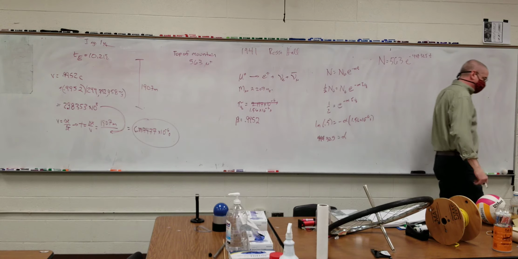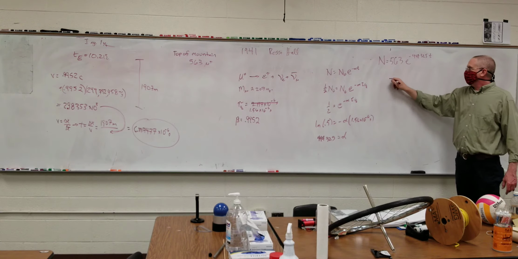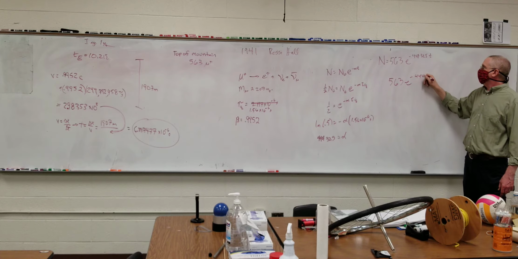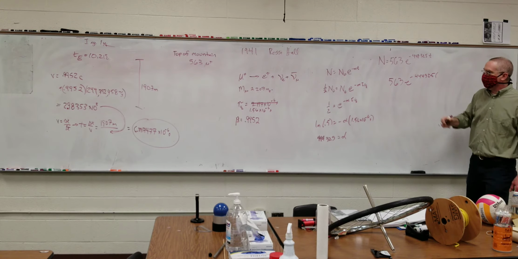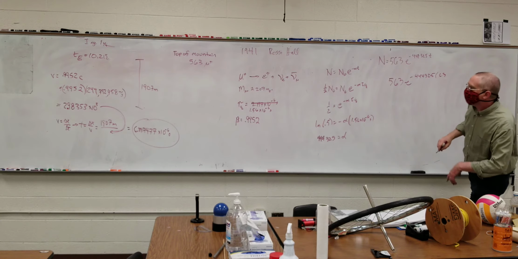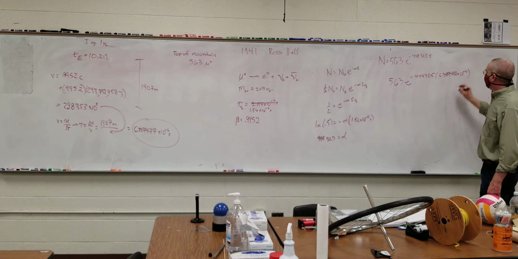If relativity is bunk, that's how much time it should take, and so we plug that in for time, and we get 563 e to the negative 444,325 times 6.39174777 times 10 to the negative 6.